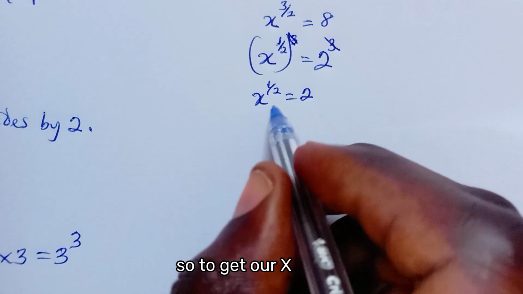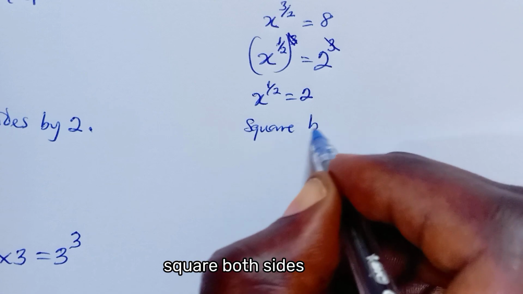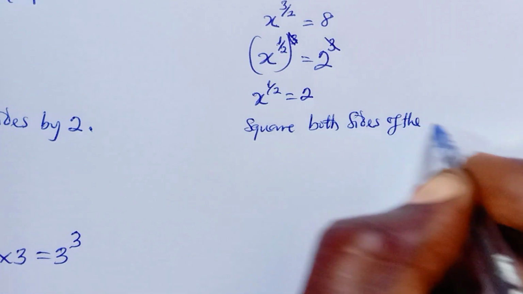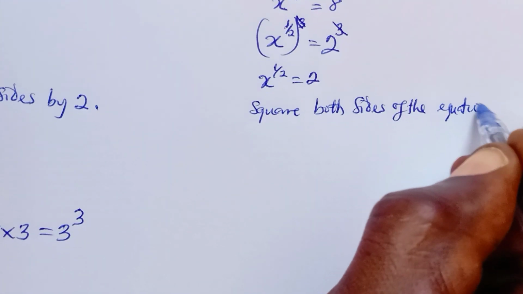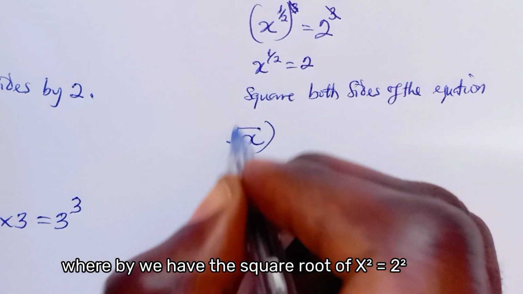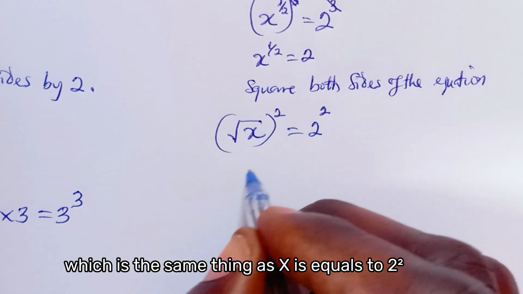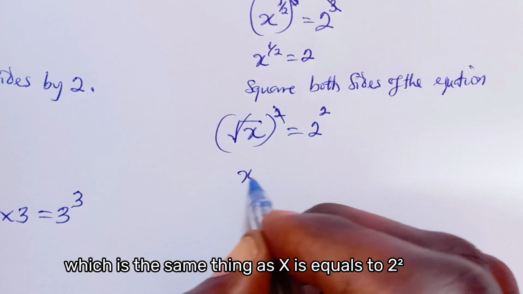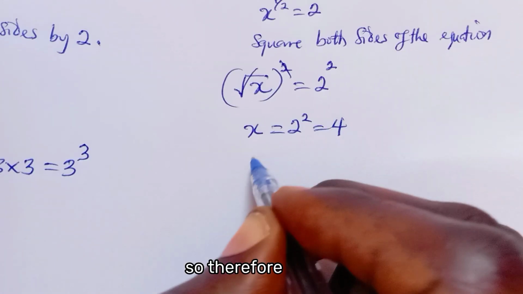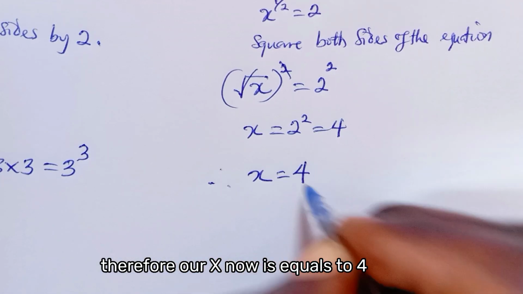So to get our x now, we square both sides of the equation, whereby we have the square root of x raised to power 2 is equal to 2 raised to power 2, which is the same thing as x is equal to 2 raised to power 2, which is 4. So therefore our x now is equal to 4.